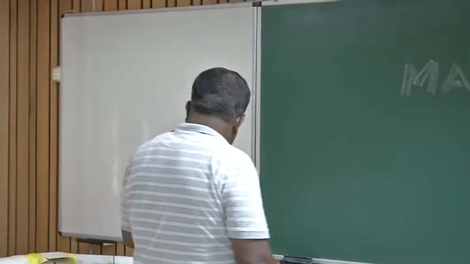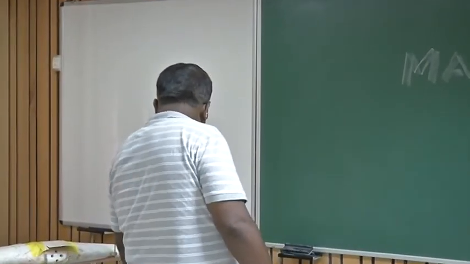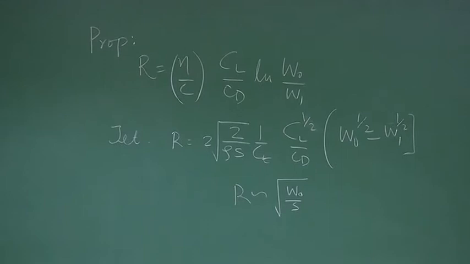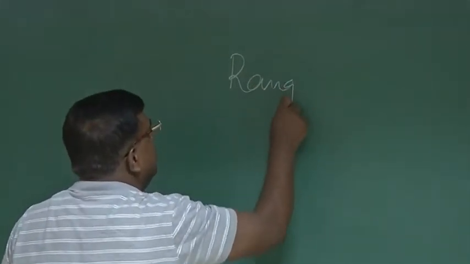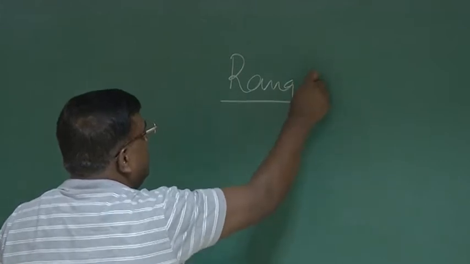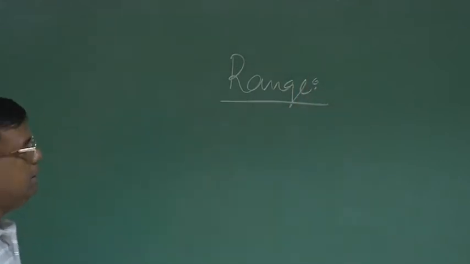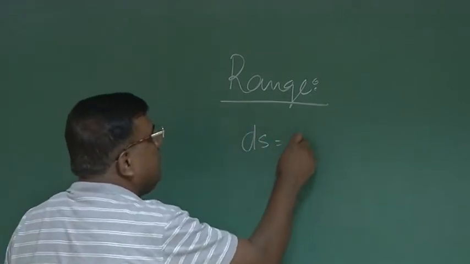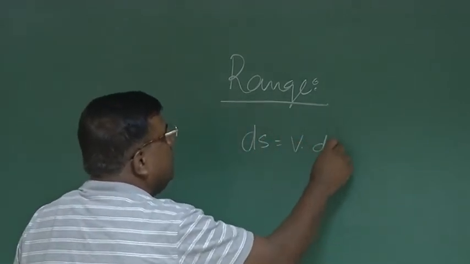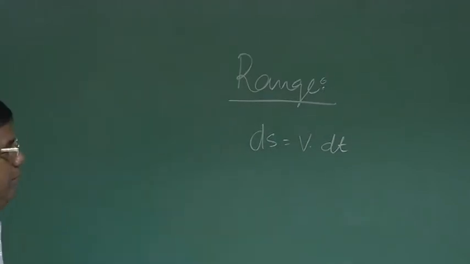Thank you. I come back to the effect of atmospheric wind primarily in this session. Remember, when we are calculating range, what was our understanding? That we said ds, the small distance traveled, is V, with a constant speed it is going, into dt for the small duration of time.